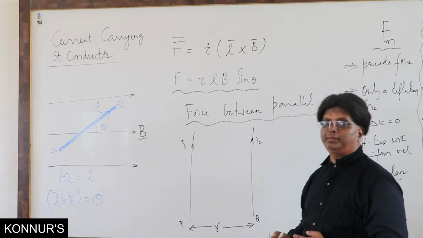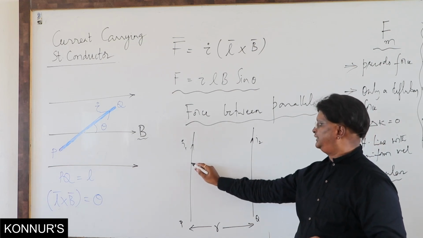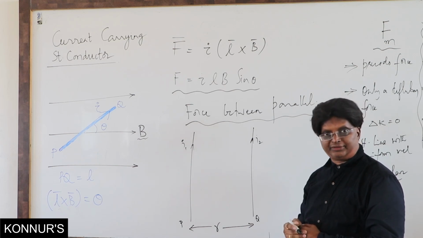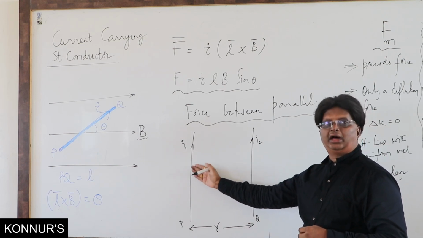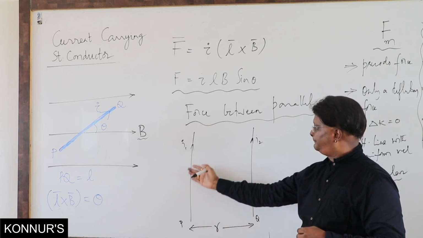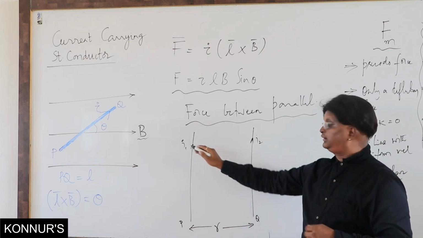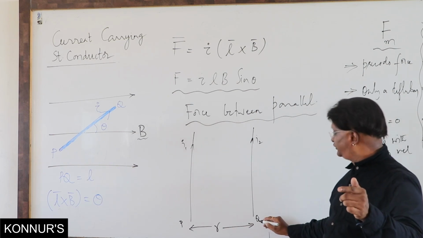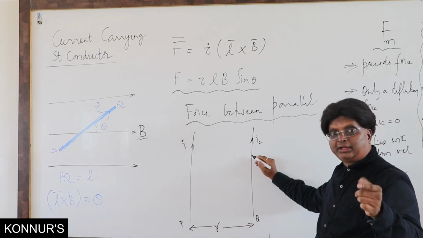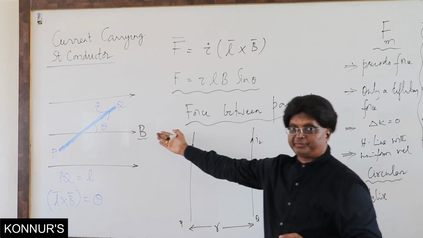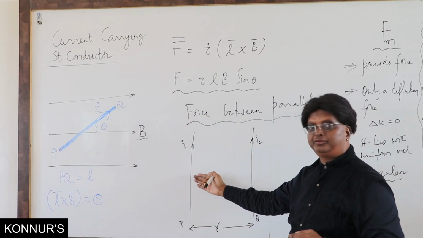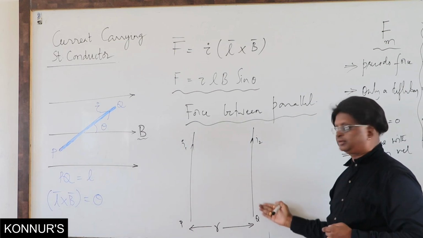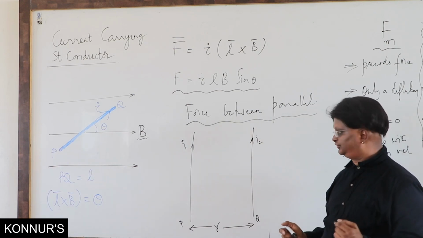Now in this case what happens? This is a straight conductor carrying current, and according to the Oersted experiment principles, it will produce a magnetic field around it. So now P is a current carrying conductor, produces magnetic field. In that magnetic field, Q is another current carrying conductor. Now by this expression, field is produced by P, current is carried by Q. Therefore, this conductor Q will experience a force.